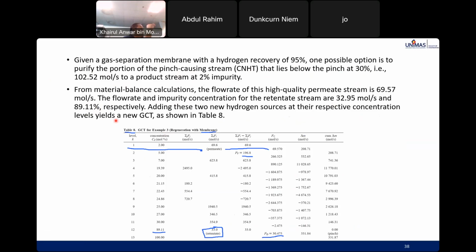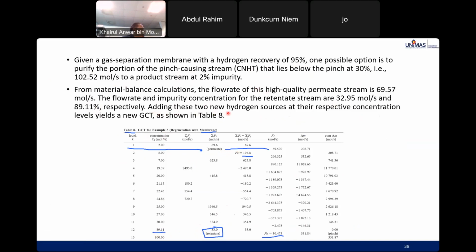Adding these two, you can see here in table 8, the permeate at 2% goes to the highest level of the GCT table, while the retentate goes up to 89.11%, very high.